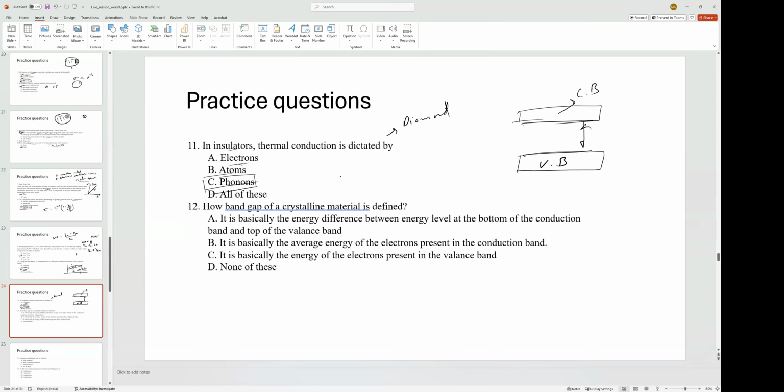The energy gap between these two, the bottom of your conduction band and top of your valence band, is your band gap. Okay.